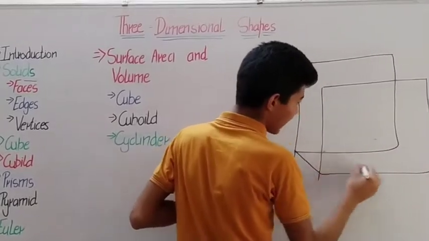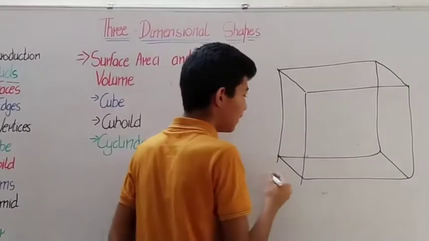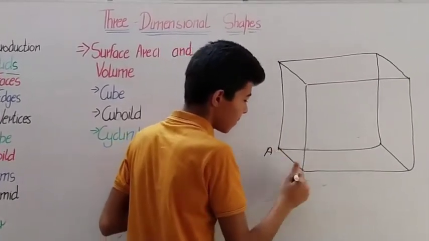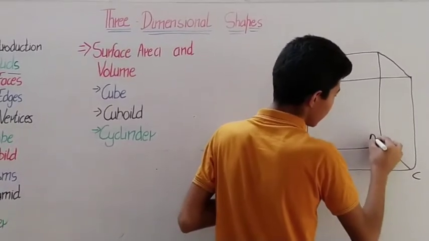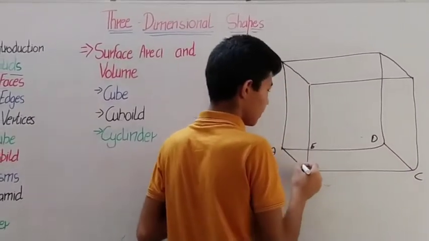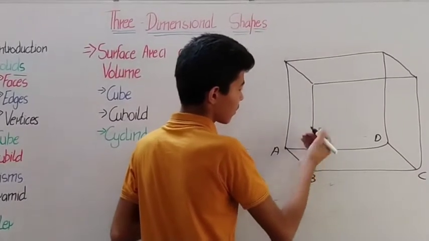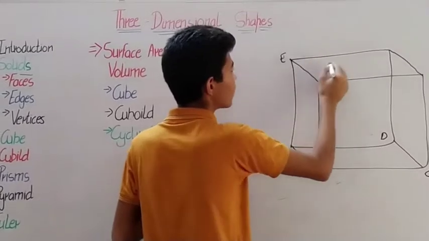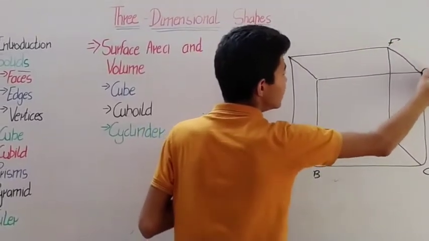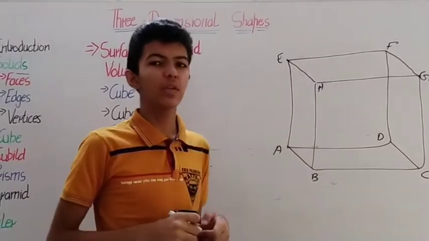So let's see how many components are present in the cube. Let me name these points as A, B, C, D, and these other points as E, F, G and H. So how many vertices can you see?